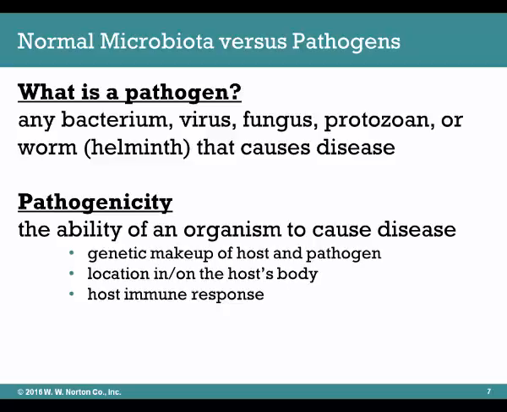So a pathogen is any bacterium, virus, any microorganism or microbe that can cause damage, cause disease. And pathogenicity is the ability, that genetic makeup, those virulence factors that give a microbe the ability to cause disease.